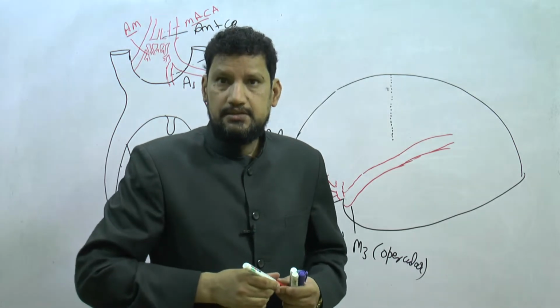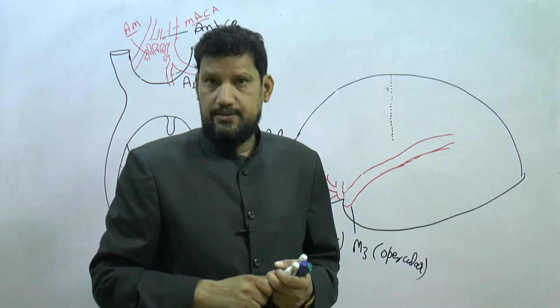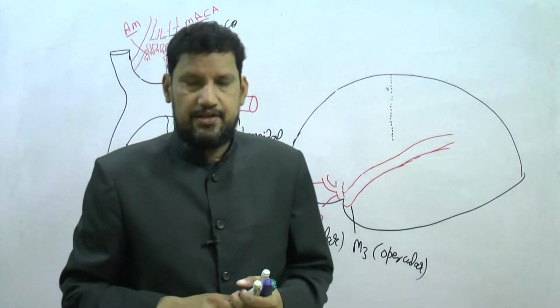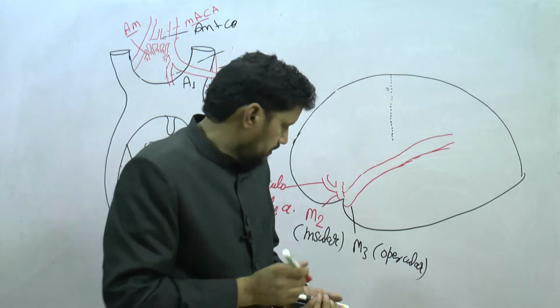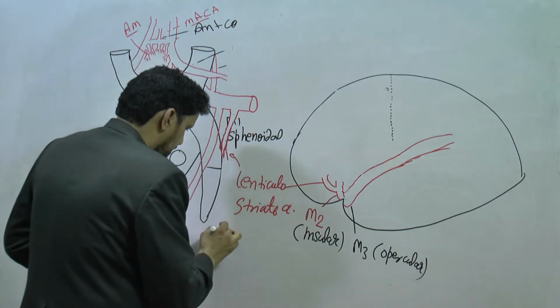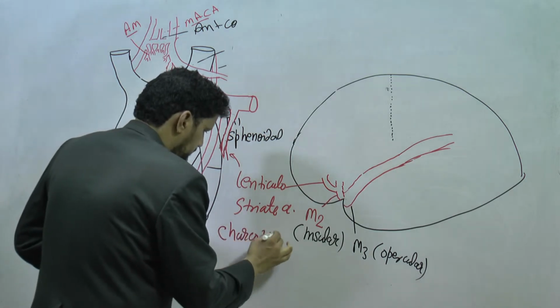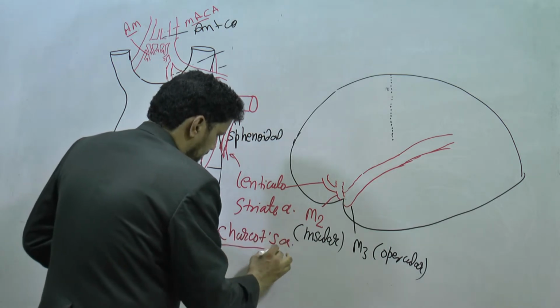The lateral branch of the lenticulostriate artery of the middle cerebral artery was first demonstrated in cerebral hemorrhage by Charcot, so it is also known as Charcot's artery of cerebral hemorrhage.